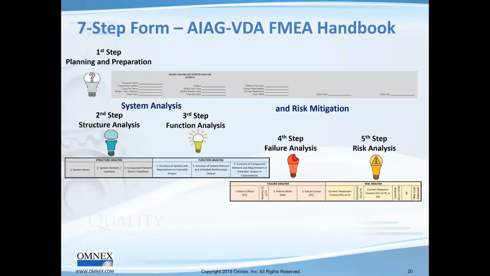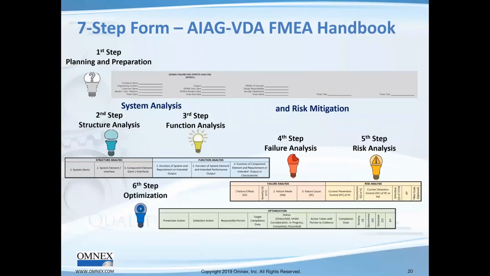And then you have the 5th step where you still look at severity, occurrence, and detection. All right, that hasn't changed. But the action priority, we don't look at RPN anymore. There are tables called action priority with the high, medium, and low, which then sort of rules the roost, and you have to use that to decide for your next step called optimization.